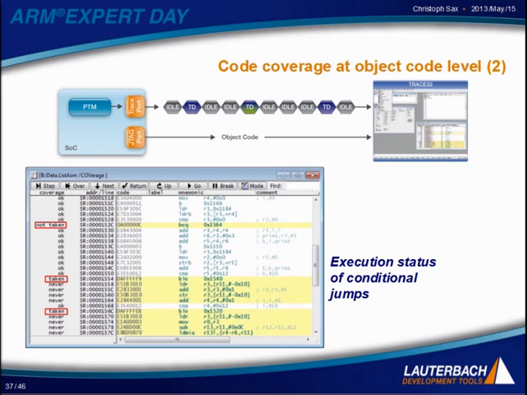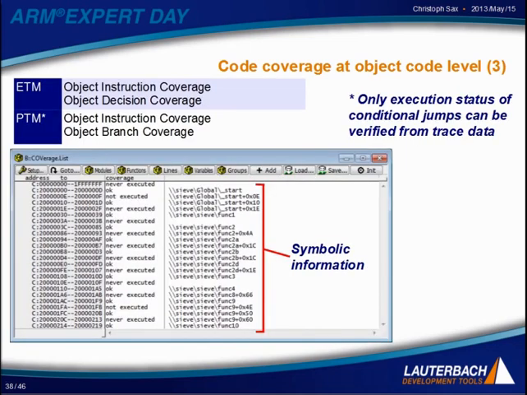So basically here we use not taken and taken, and all the other instructions can only be never or okay, meaning fully covered or never executed. Now I want to link these findings to the metrics I've presented earlier. For ETM, we can show object instruction coverage and object decision coverage. For the PTM, we are able to show object instruction coverage and object branch coverage.